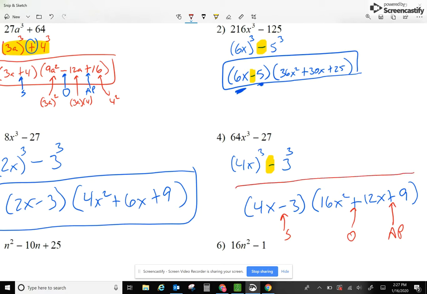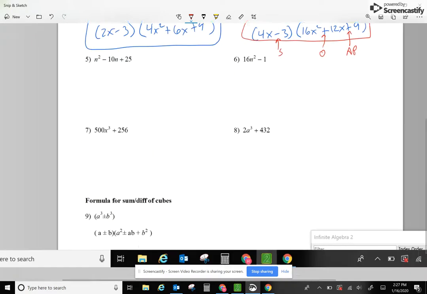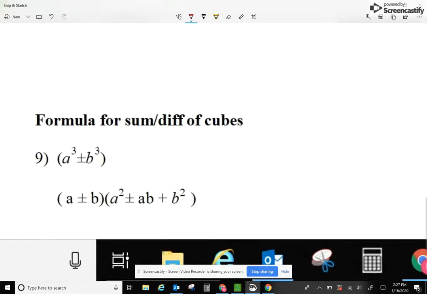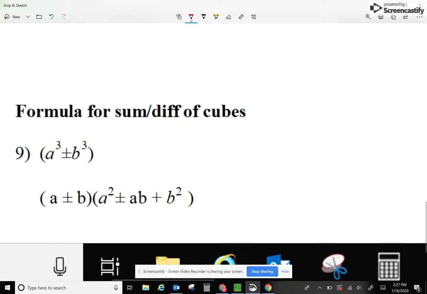To help you guys with the formula, I have at the bottom of your notes, and you guys will see it on your questions, on your homework, what I call the formula for sum or difference of cubes. Everything has to be to the third, so I just write in A and B. I have A squared, I have B squared, and then in the center I have A times B. Don't forget the signs.